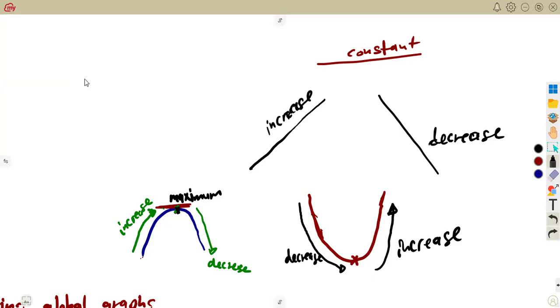Just like the concept of the sea level, the bottom of the sea is the minimum. When you talk of a mountain, the top of the mountain is the maximum. So this one is referred to as the minimum at this end there. That's our minimum.